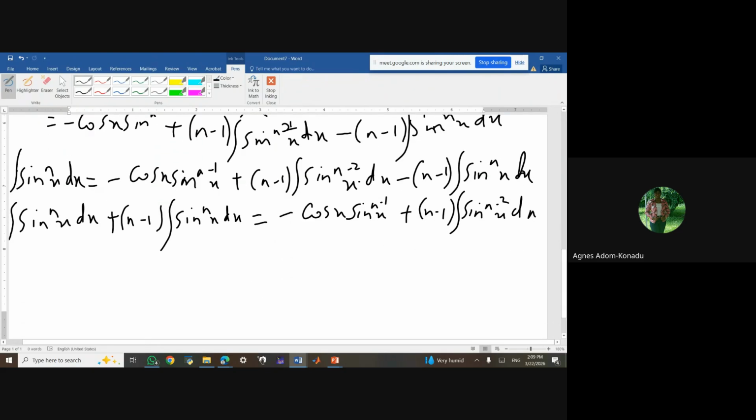The left hand side, when I open this one, n minus 1 multiplying sine nx dx.